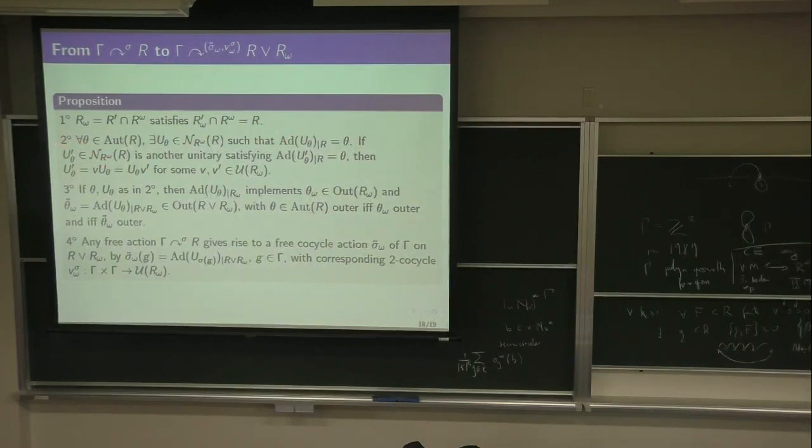Another simple observation, which we should have made a long time ago, is that for any automorphism of R, there exists a unitary in the normalizer of R in R omega that implements it.